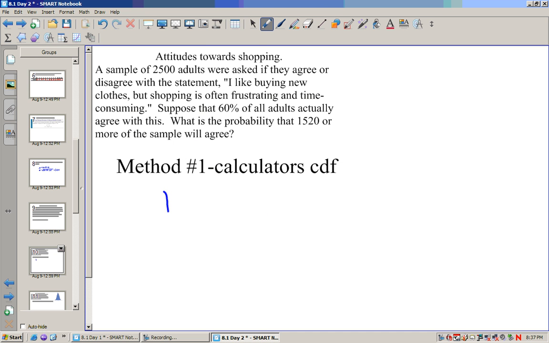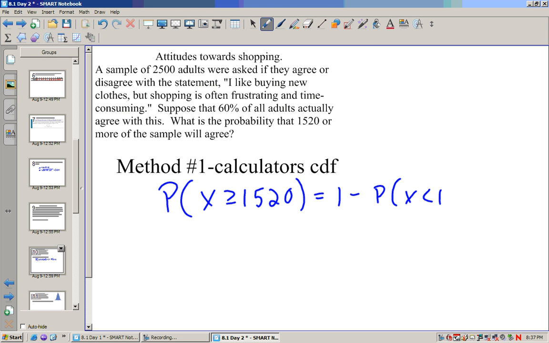So we want to find the probability that x is greater than or equal to 1,520. Now, if we did this with a CDF, what we'd want to do is 1 minus the CDF, so that's the probability x is less than 1520.